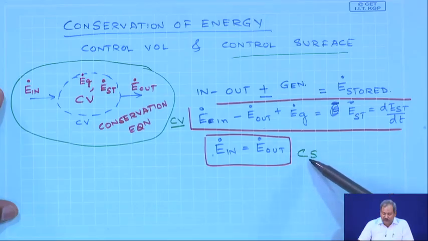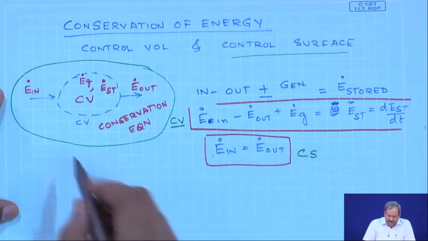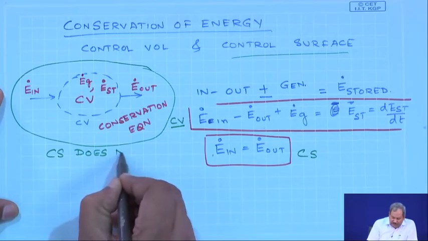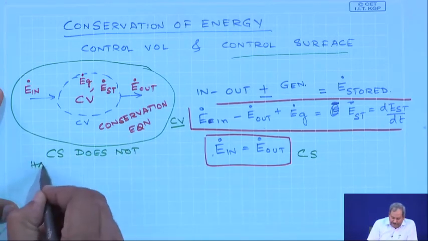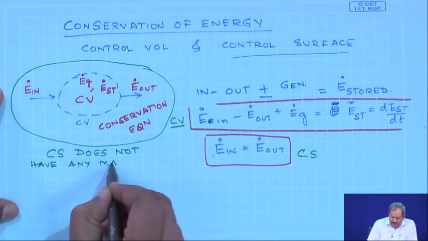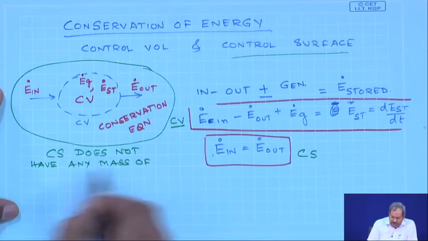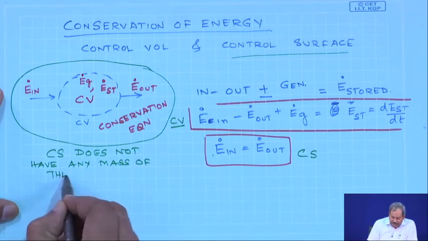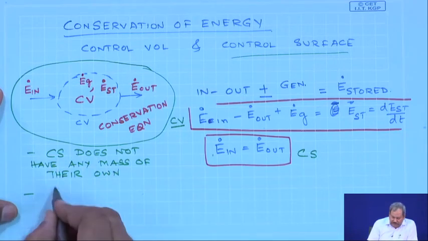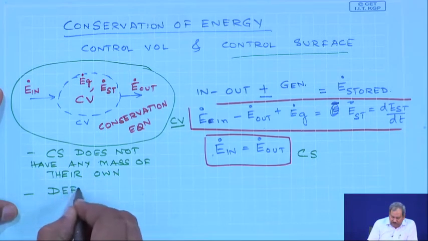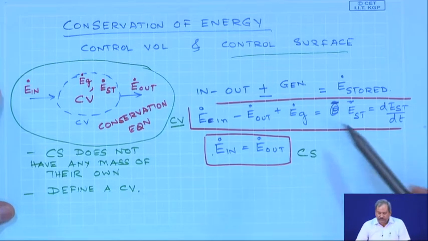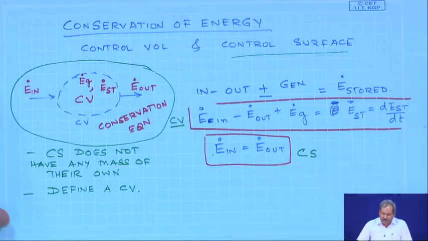So, this is primarily because a control surface does not have any mass of its own, and they simply define a control volume, and these are the forms of the conservation equation.